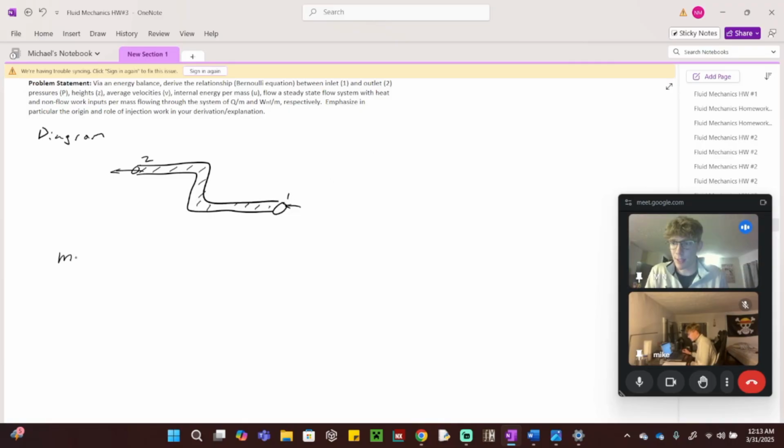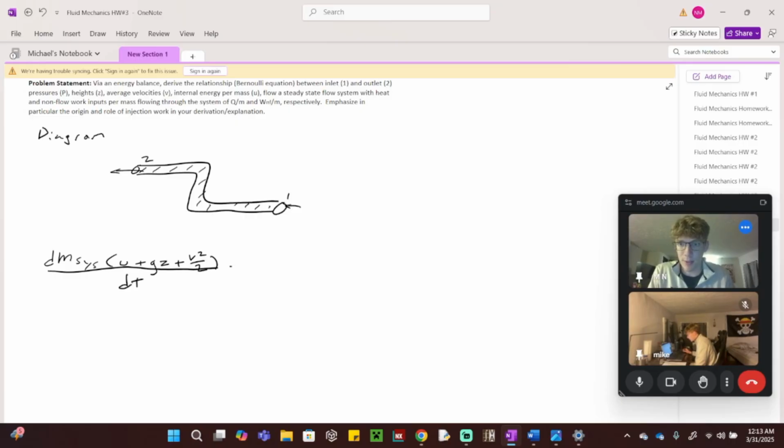So we have the mass of the system multiplied by the internal energy per mass of the system, which is U, plus the potential energy per mass, gz, plus the kinetic energy, which is v squared over 2. And we want the rate of change of this, so we're going to do d over dt.